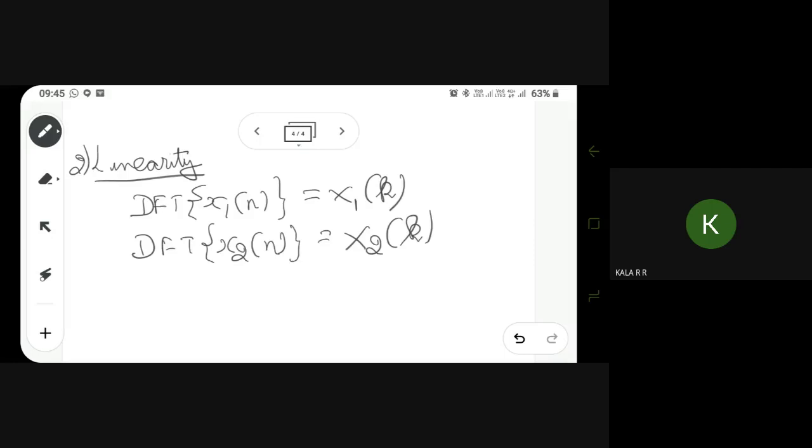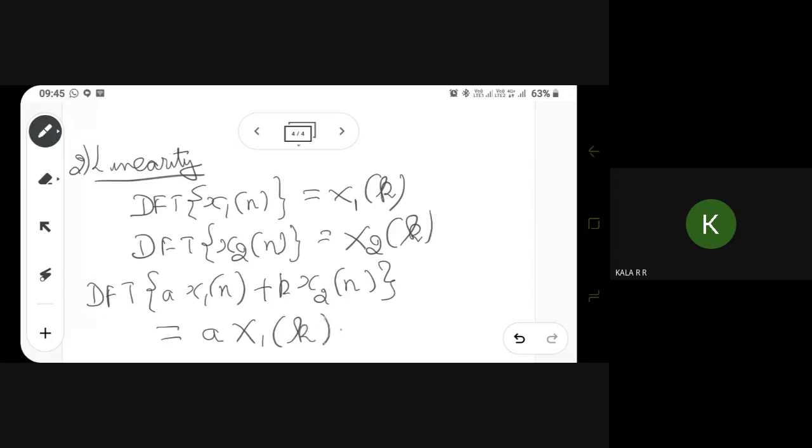Now what you will be doing is adding both the signals and multiplying with your constants. So we multiply with a x1 of n plus b x2 of n, and the final thing you will be getting is equal to a into x1 of k plus b into x2 of k.